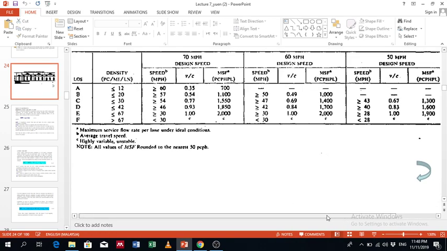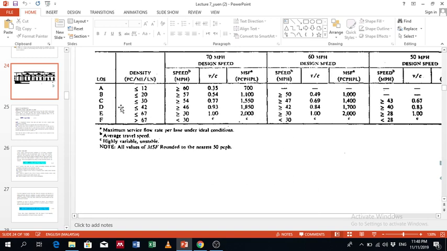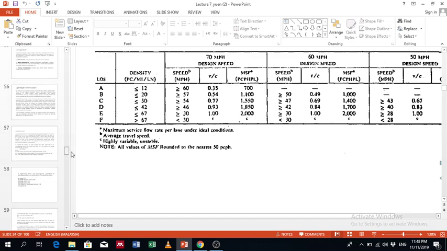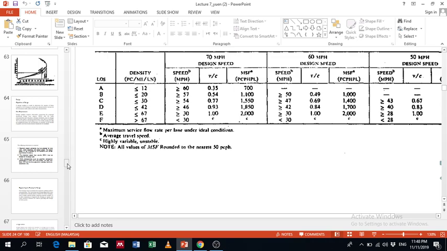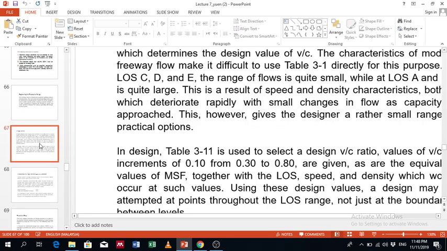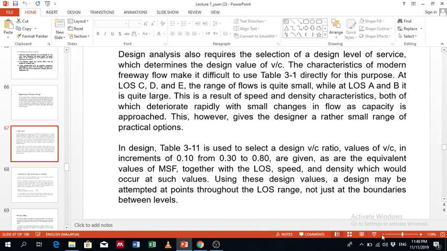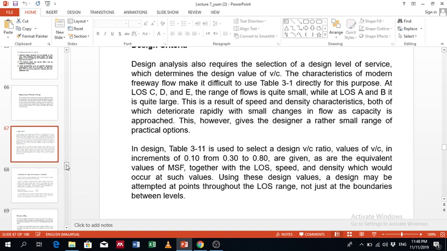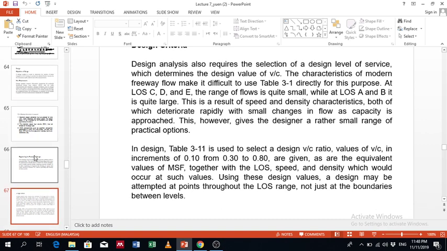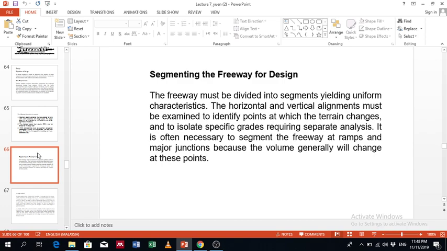Using this table, you can easily find the level of service using the V over C. So when you calculate the V over C, you come here with the design speed, and you can find the level of service. So it is not a very big challenge for you, because you can easily calculate it. Okay, so where we went here, segment fragment design.